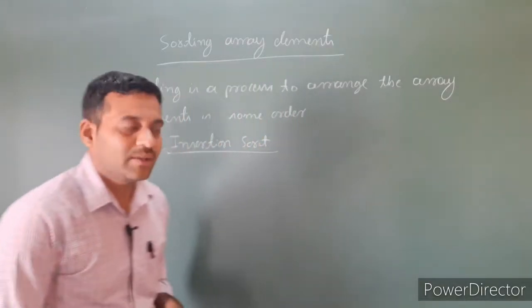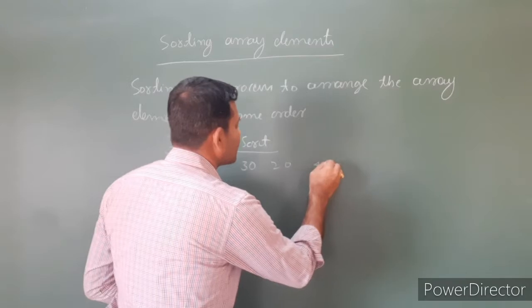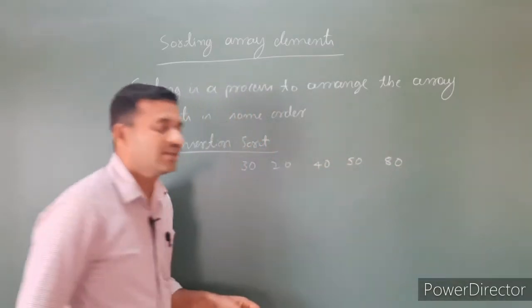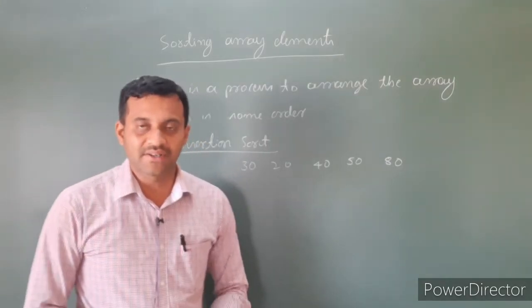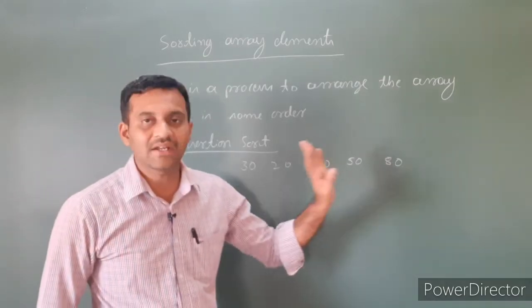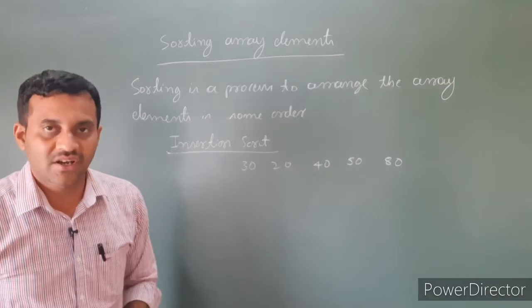Assume that the array elements are 30, 20, 40, 50, 80. These array elements are not sorted. See here, first one is 30, next 20, 40, 50, 80. So the last three are sorted, but the first two are not sorted.